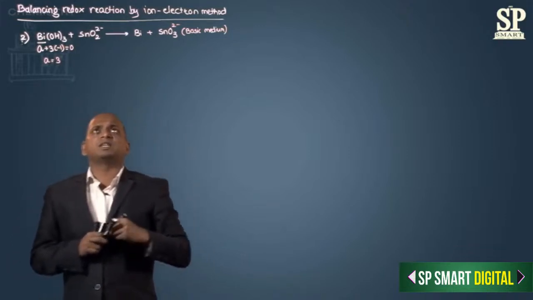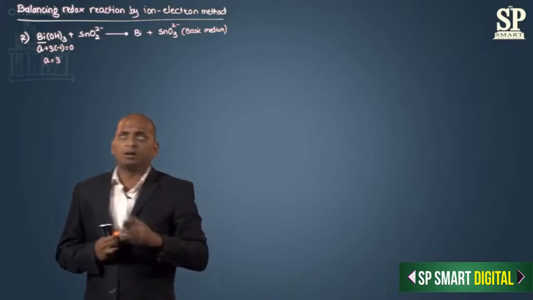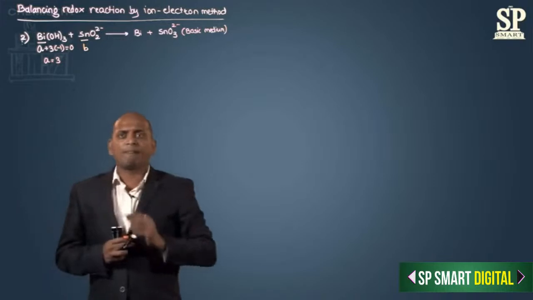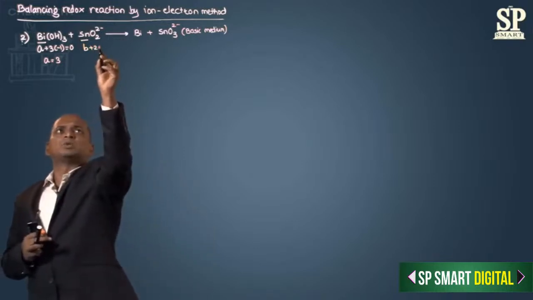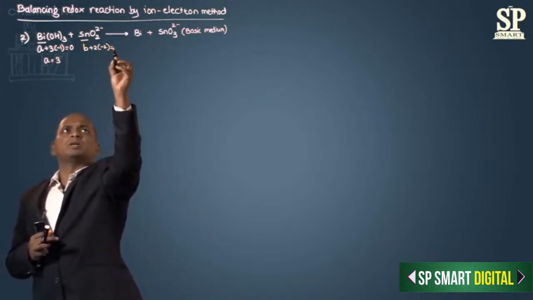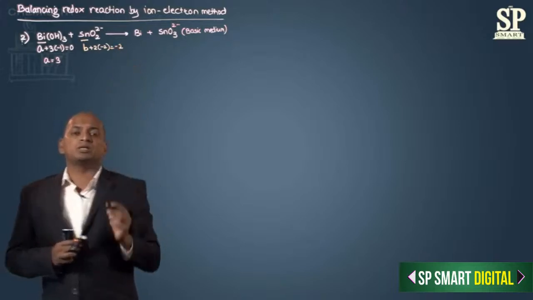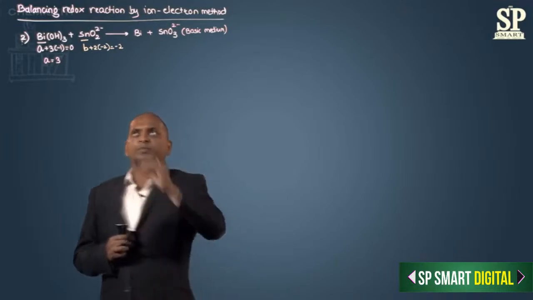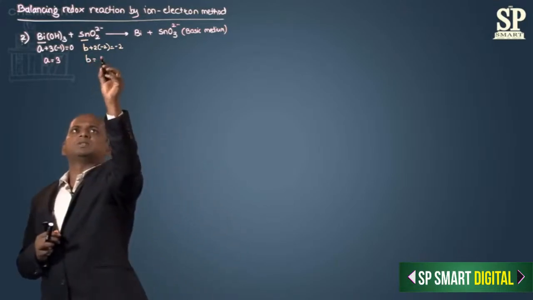Then, if we consider Sn, let us consider it is b plus 2 into minus 2, the whole is equal to minus 2, it is not equal to 0 because it is not a molecule now. So, b becomes 2.